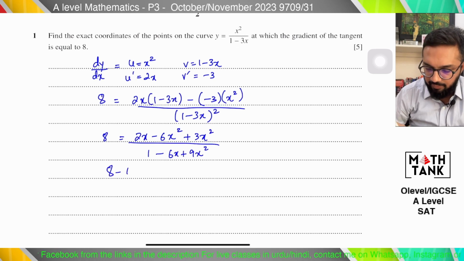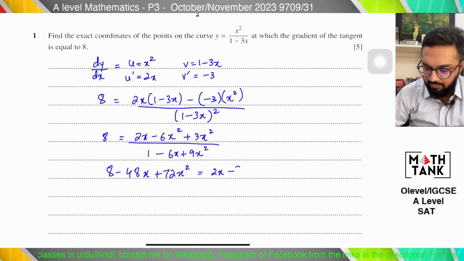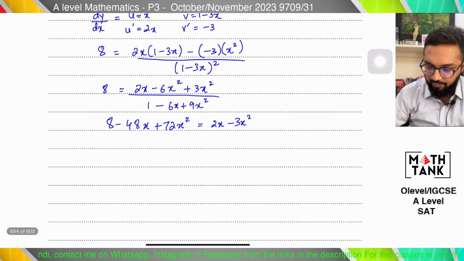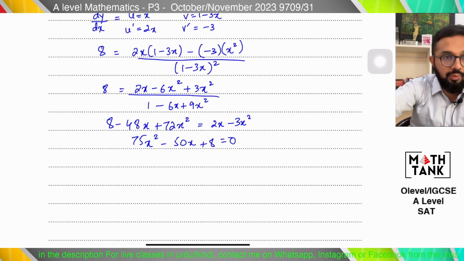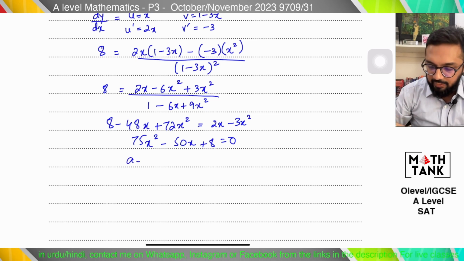Cross multiplying gives me 8 minus 8 6 is 48 plus 72x squared equals 2x minus 3x squared. 75x squared minus 50x plus 8 equals 0. Okay, so A is 75, B is minus 50, and C is 8.